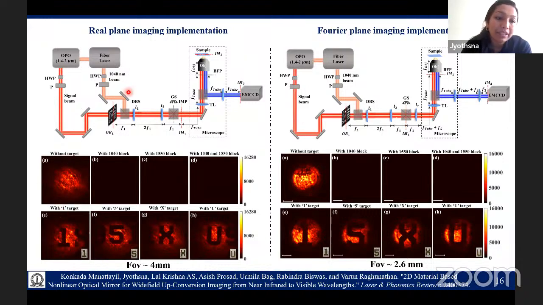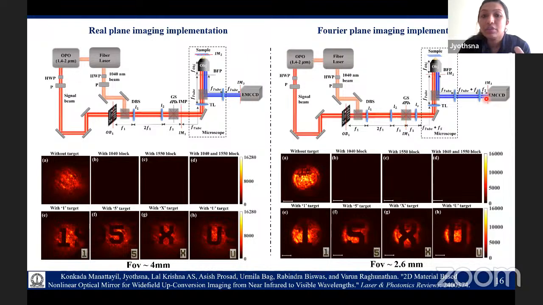Once you keep the sample in the path, you can see the image of the sample being imprinted onto the 2D material-based mirror. How it is done is we make use of 4F lenses to image this onto the intermediate plane, which is further imaged onto the EMCCD camera.